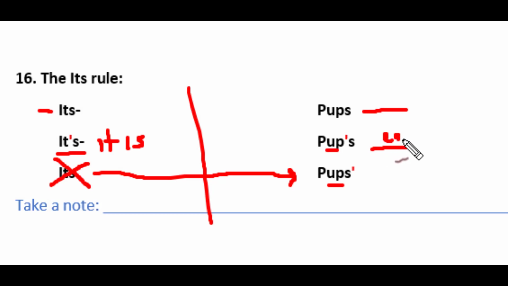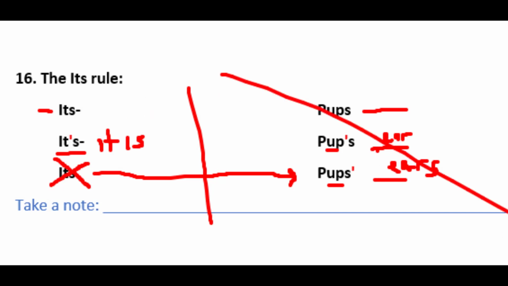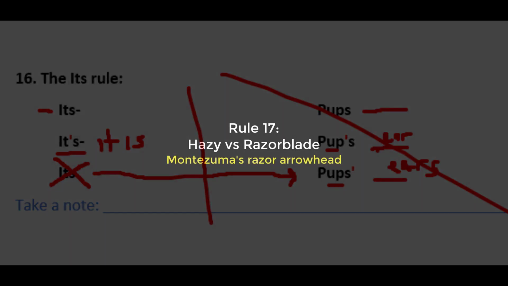This is going to be one pup, and this would be multiple pups. And here you would see that you'd have to have this match by having ears because multiple pups cannot own one ear. That makes sense? It's the it's rule, kids. Make sure you don't get passed by getting confused between it's and the pups rule.